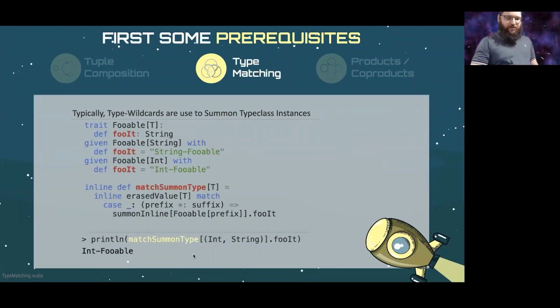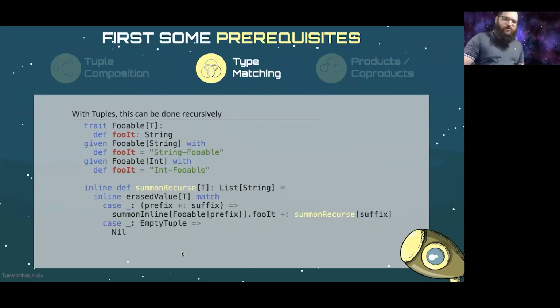So here's an example. Let's say we match summon type int string. Guess what? It will summon the int fooable. The int goes inside, that's what the prefix matches. Then we use summon inline to summon a fooable instance out of that, and then we call the fooit function on it. So that's what this stuff does.